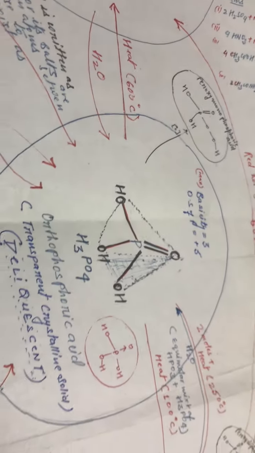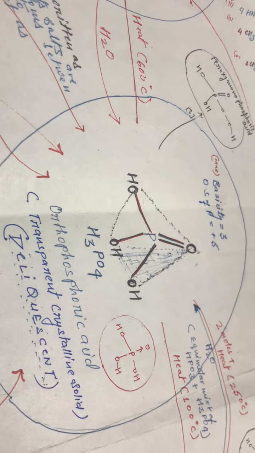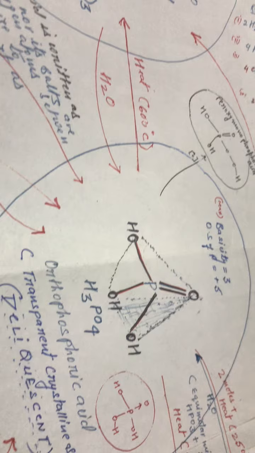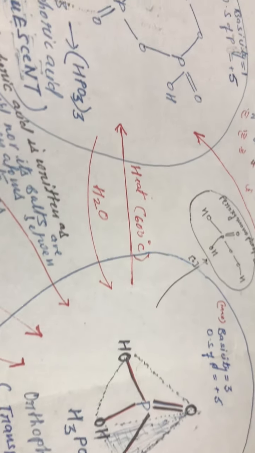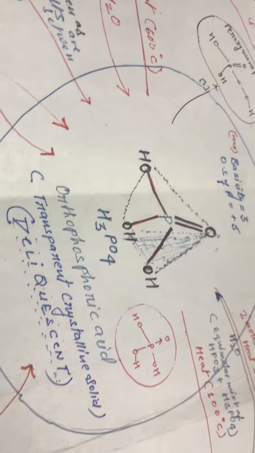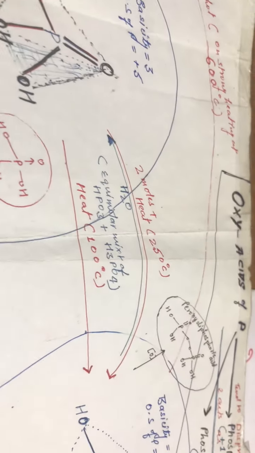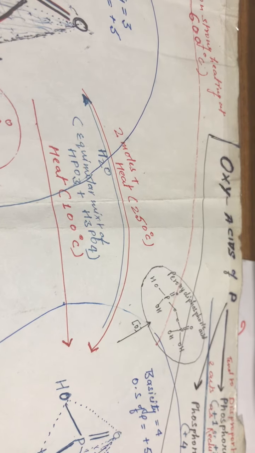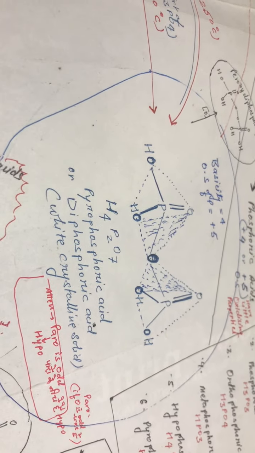Now see my dear students, if you simply heat orthophosphoric acid at 600 degrees Celsius, that is a very high temperature, it will form metaphosphoric acid. Meta means directly if you heat orthophosphoric acid. But if you take 2 moles of orthophosphoric acid, then at 250 degrees Celsius, you will get pyrophosphoric acid, H4P2O7.